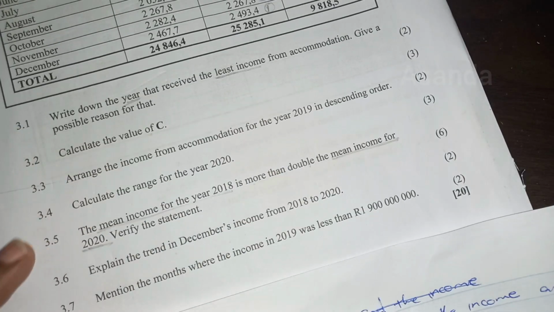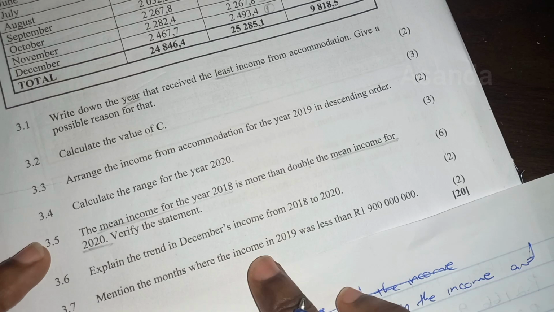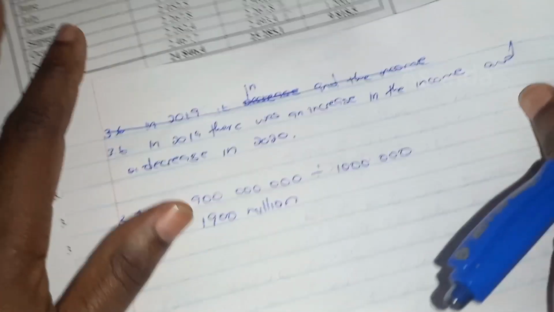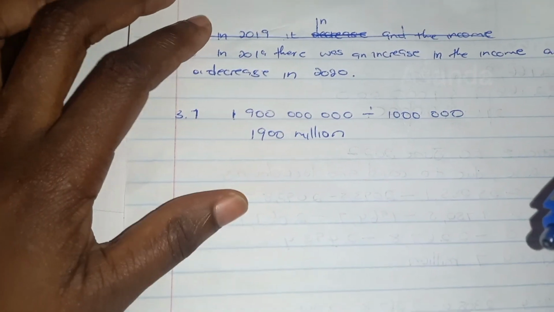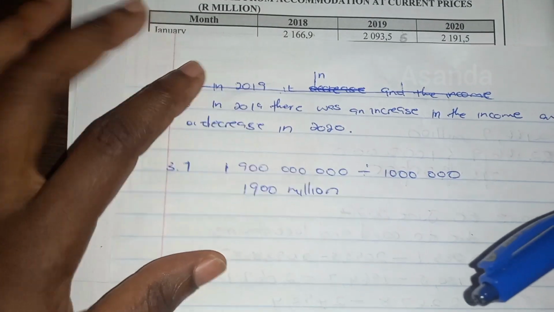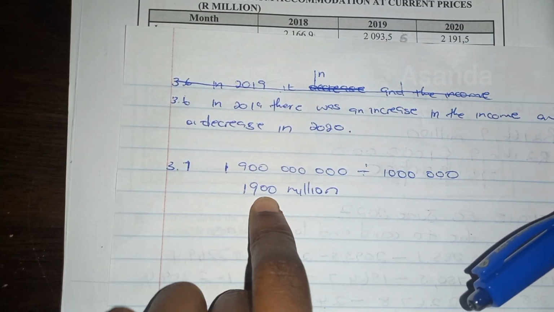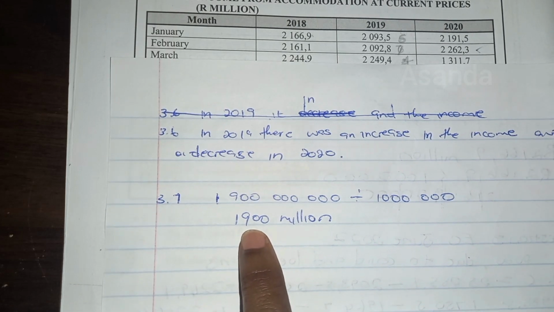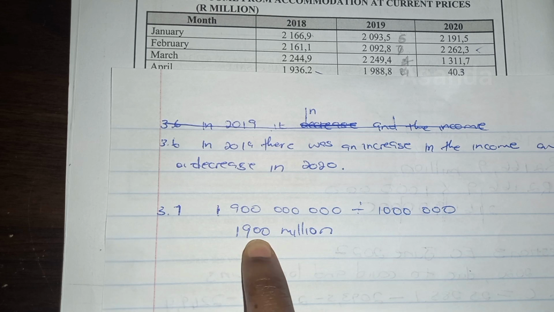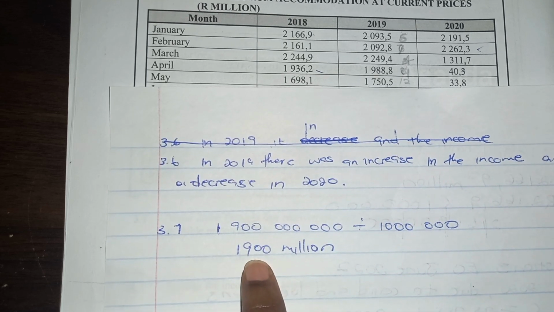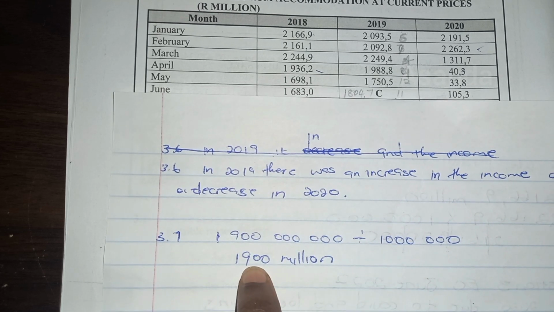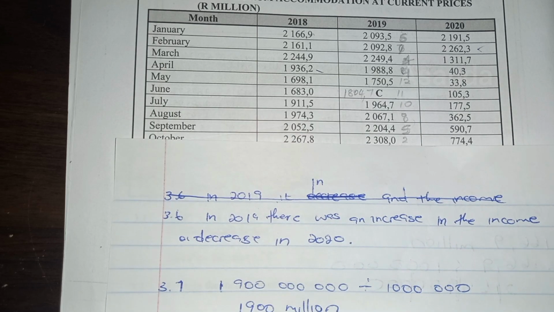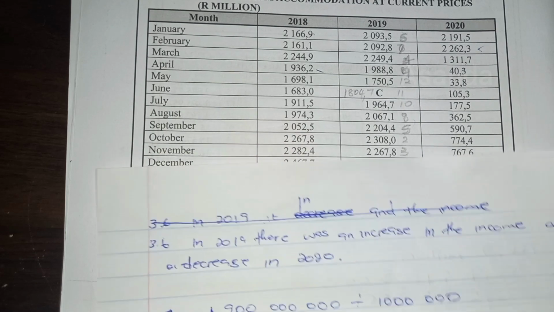And now we're going to say, mention the months where the income in 2019 was less than 1 billion. Now we're going to go to 2019 and try and find the number that is less than 1,900. Not that one, not that one, not that one. 1,988, no. This one, which is May and June, and that one is bigger, that one is bigger, those are bigger.